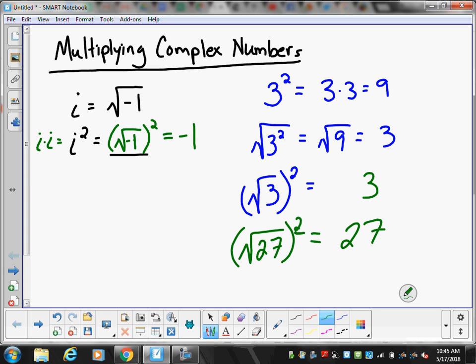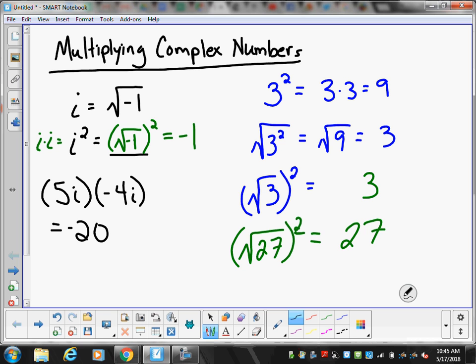All right, so the use for this is when we start to do the multiplication. All right, so 5i times -4i. What do you think we should do here? Multiply the 5 times -4 and you get -20.